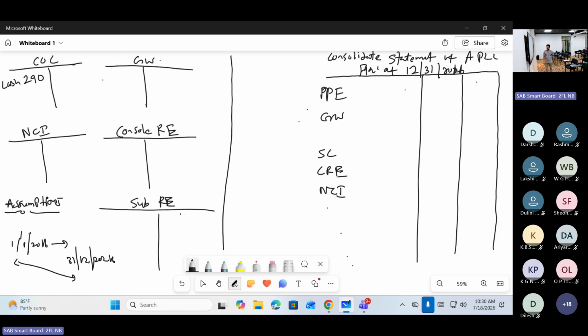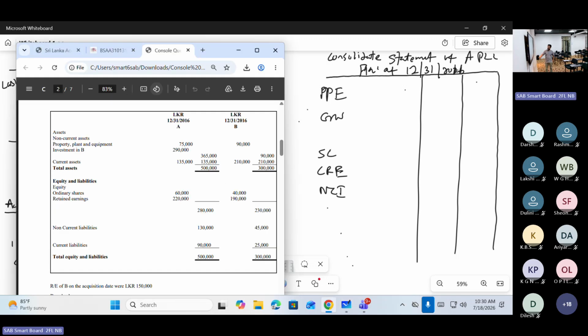Then you can see the subsidiary retained earnings are 190.